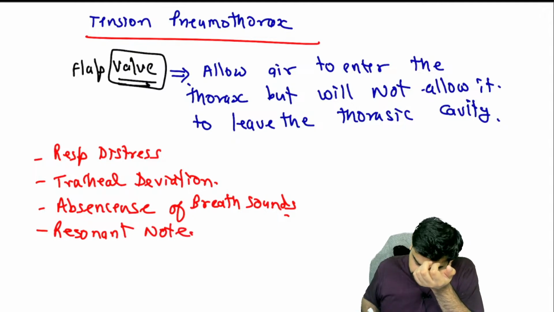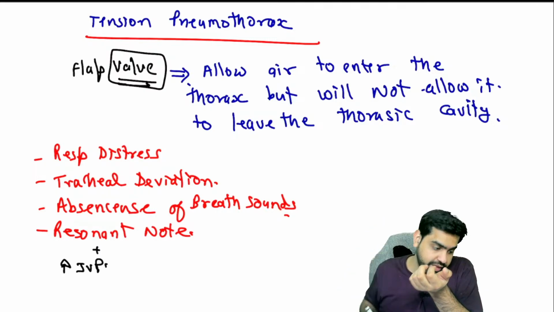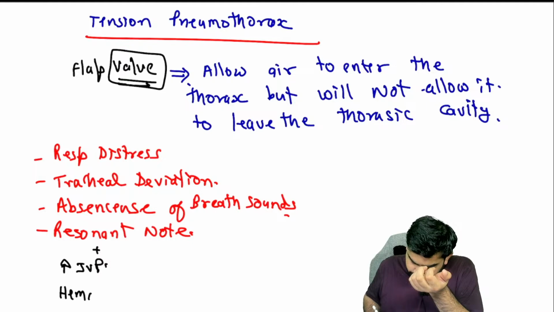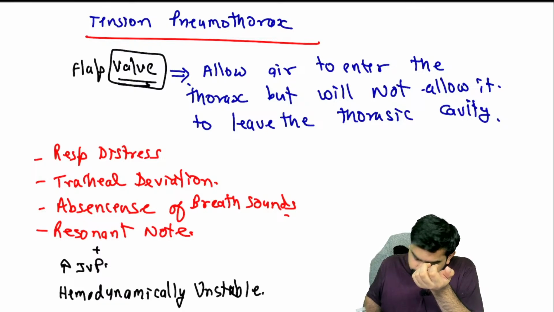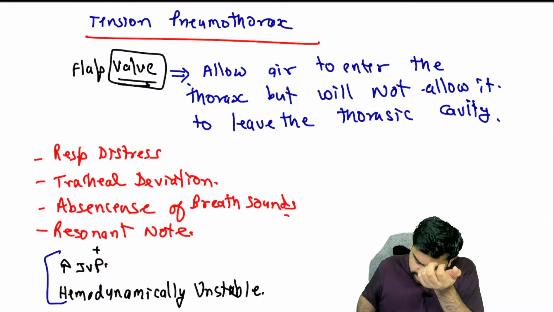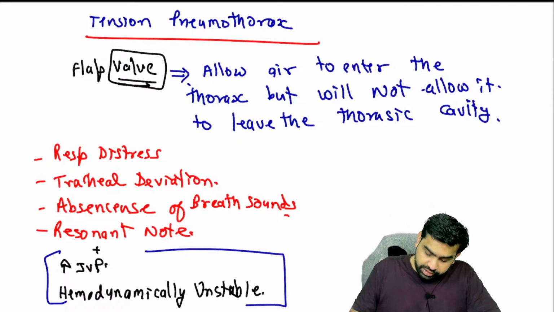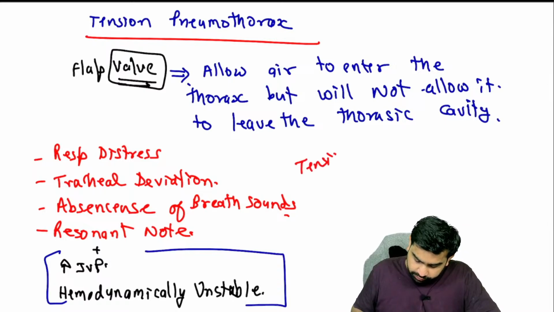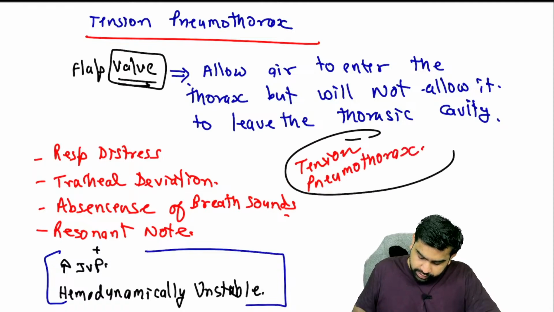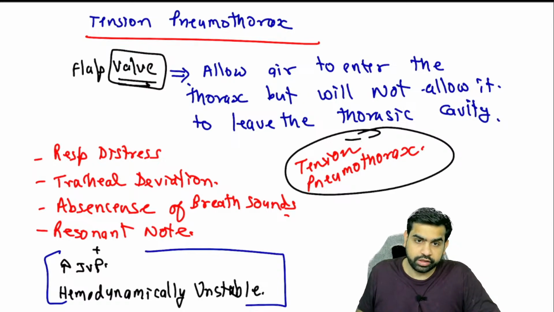And along with these, if they also mention that there is a raised JVP, jugular venous pressure is basically raised, and the patient is hemodynamically unstable, then we say that the patient is basically having a tension pneumothorax. Do you understand my point?